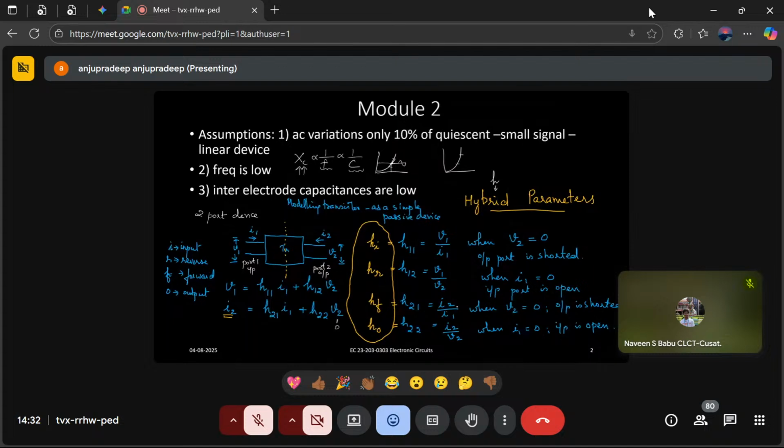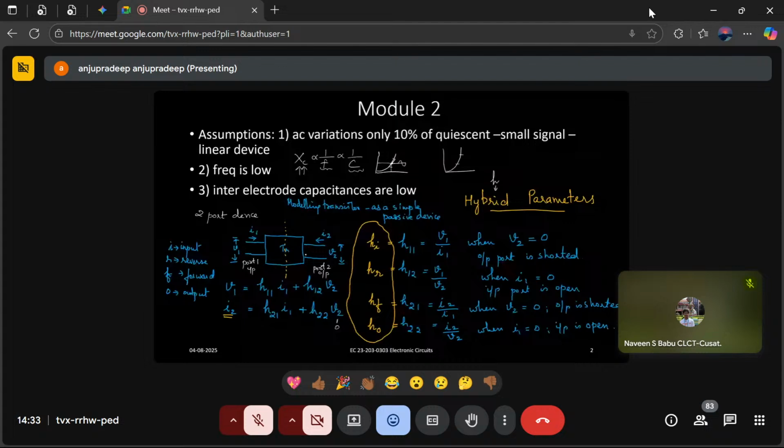Now H21 is I2 divided by I1. So what is the output current I2 when you gave I1 at the other side? It is the effect of the current at the input port on the current at the output port. So it is a forward direction from input to output.